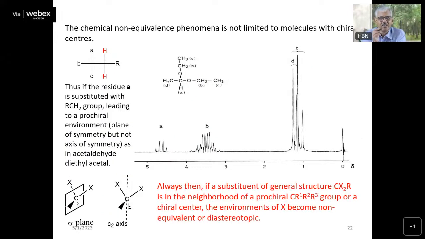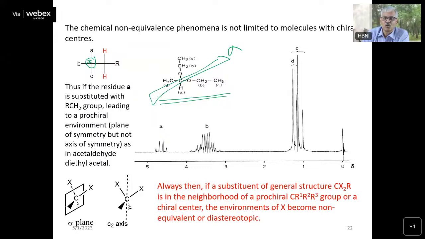There is a very interesting case. This situation is slightly different. We have discussed the earlier example when you have a chiral center. Now, let us say this is a prochiral center, as in the case of acetaldehyde diethyl acetal. You see there is a plane of symmetry, but there is no axis of symmetry.